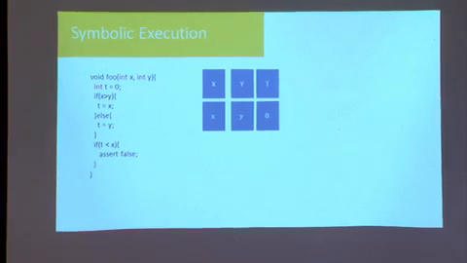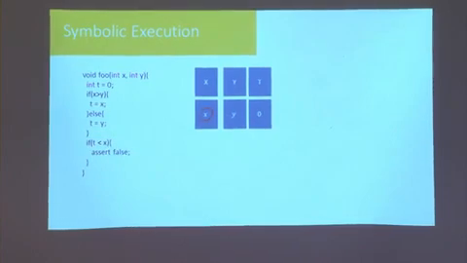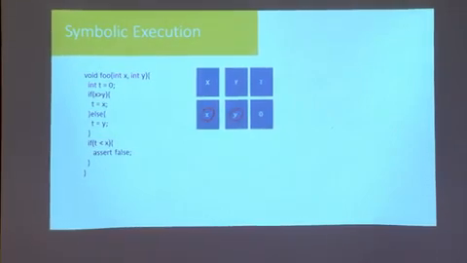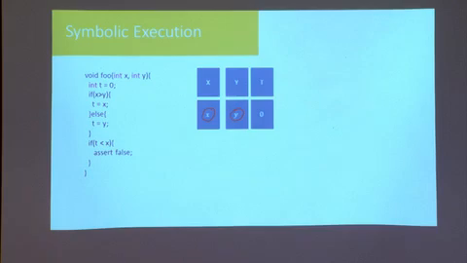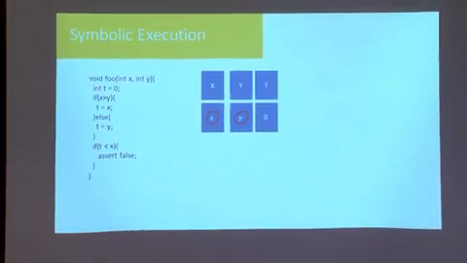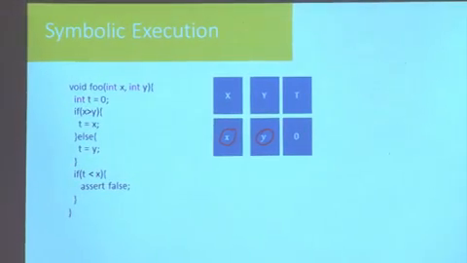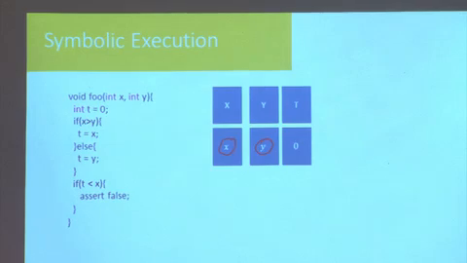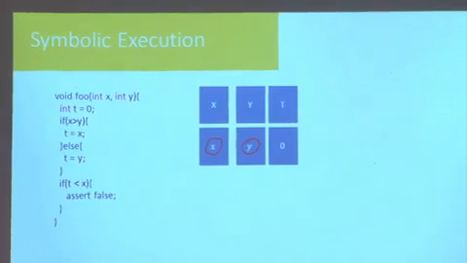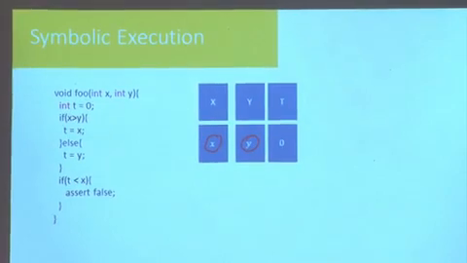But now, instead of concrete values for x and y, what I'm going to have is a symbolic value, just a variable that allows me to give a name to this value that the user is going to provide at the input. So the state of my program is no longer a mapping from variable names to concrete values. It's now a mapping from variable names to symbolic values.